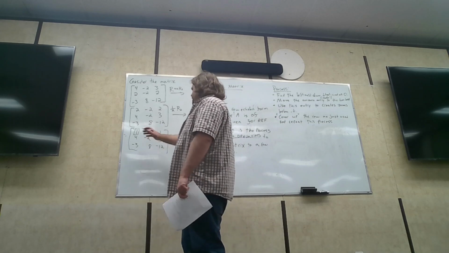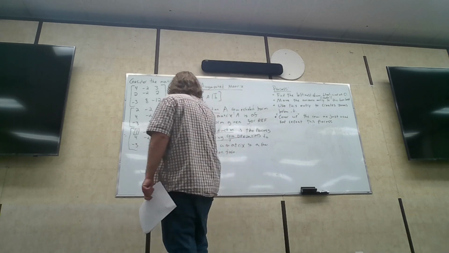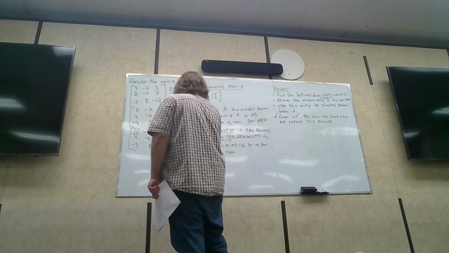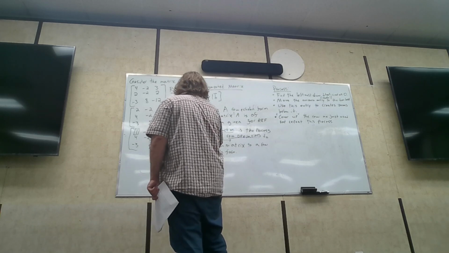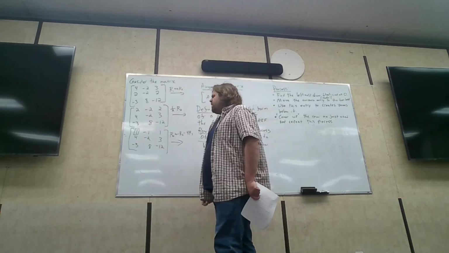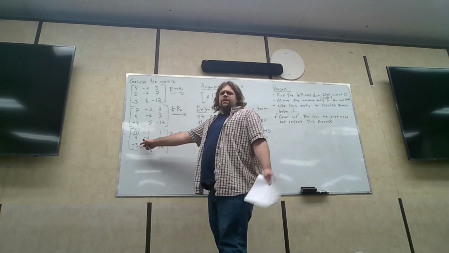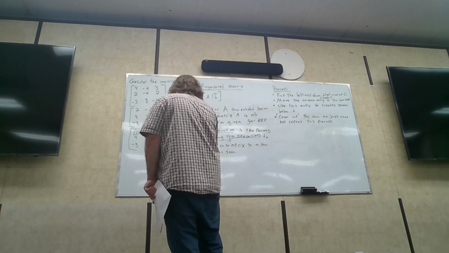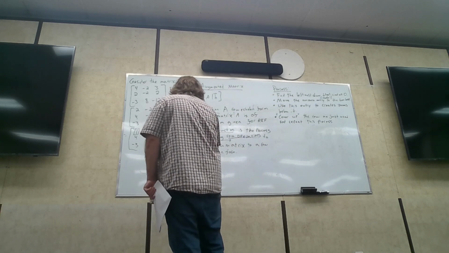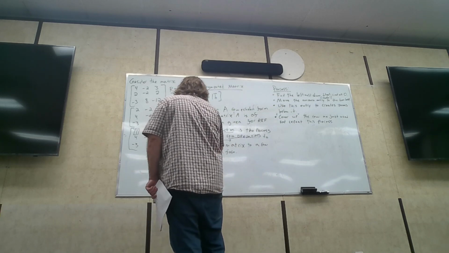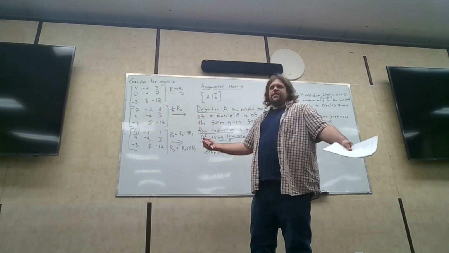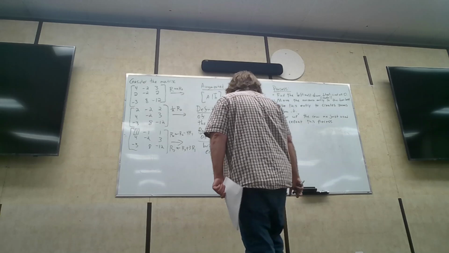So that's going to be row 2 becomes row 2 minus 4 row 1. But then we can also just deal with the third row at the same time, right? So row 3 will become row 3 plus 3 row 1. And we can just do it at the same time. Nothing stopping us from doing that.